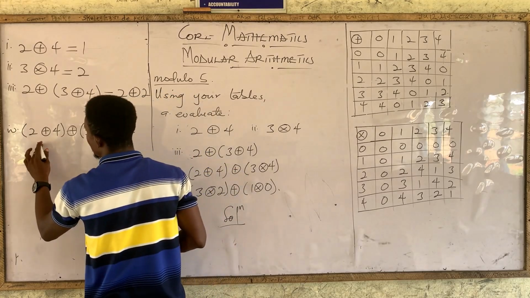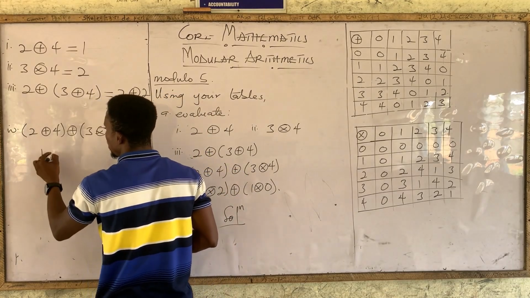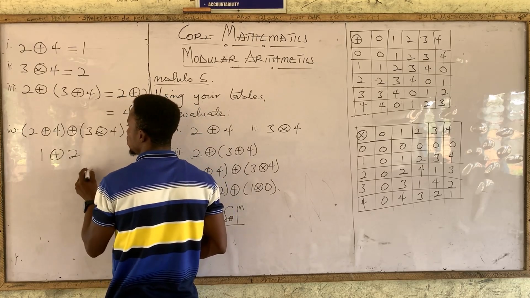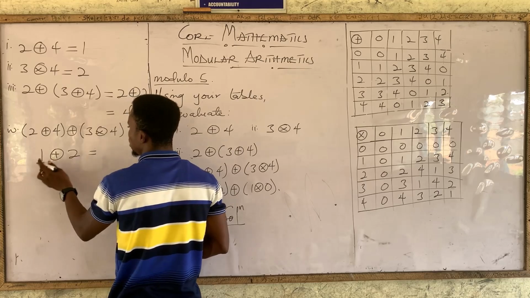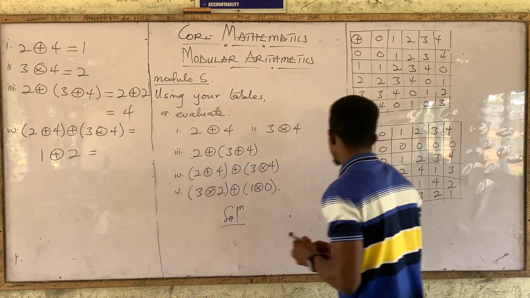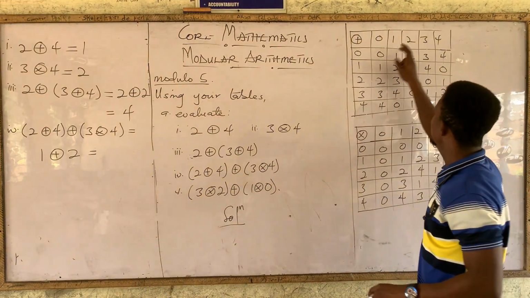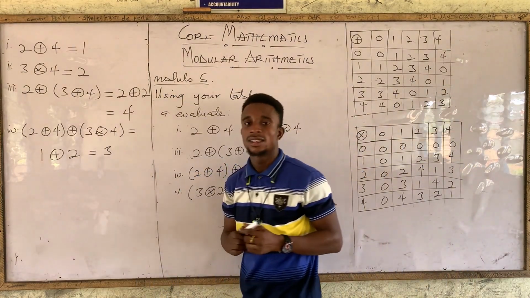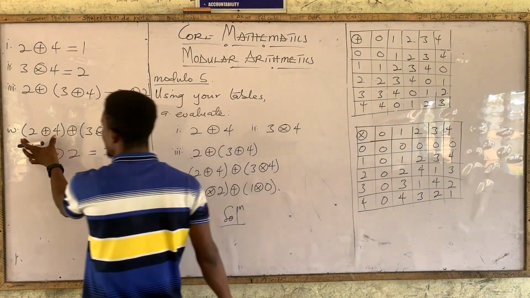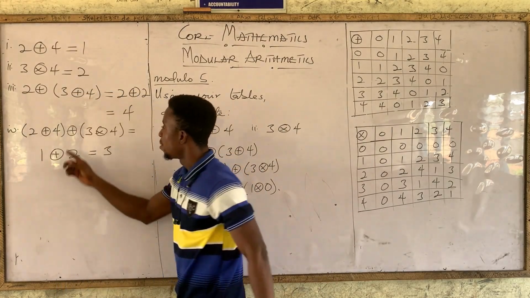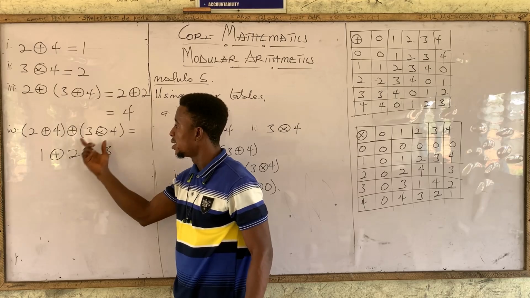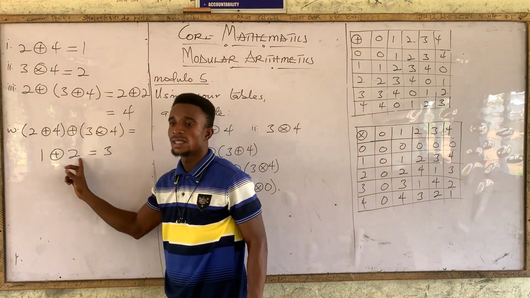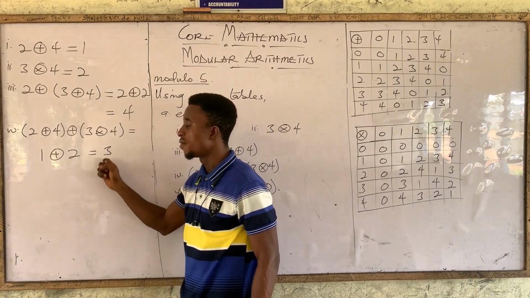So I'll have the 1 for this one, then plus the 2 for this one, and 1 plus 2 is getting us 3. And that is that. So solving this bracket to get you this, plus that is what is here. Solving this bracket, that one to get you this. Then now we can take the operation on this.